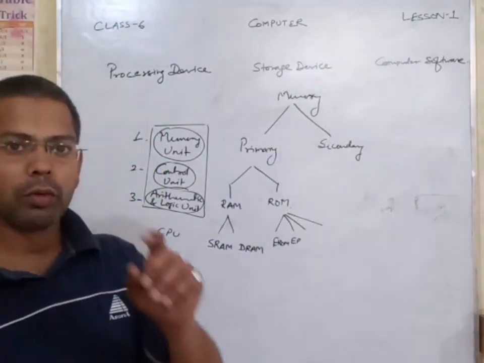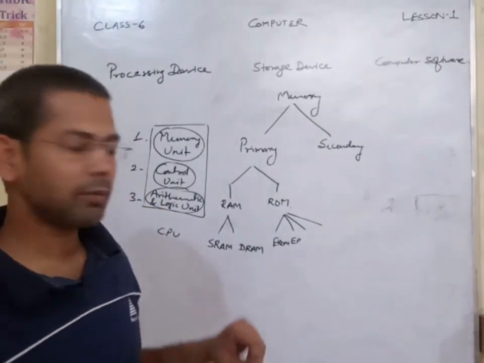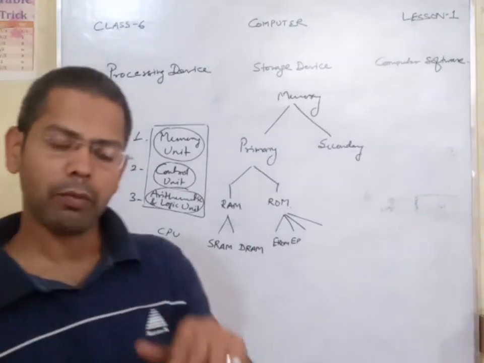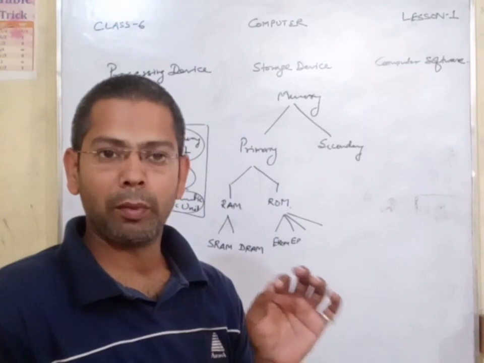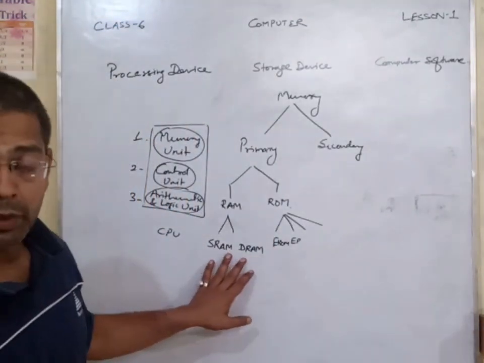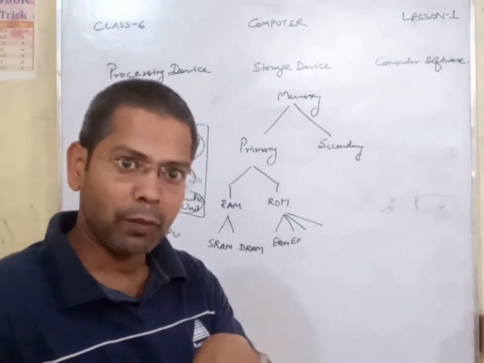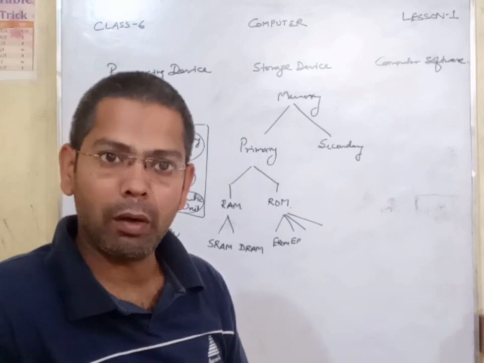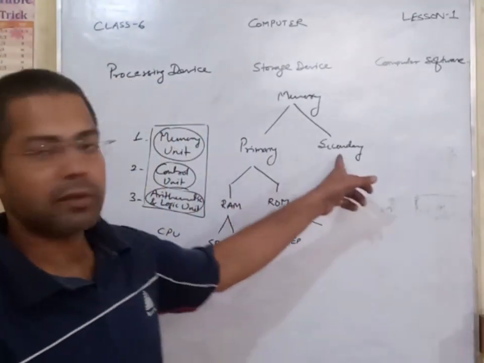SRAM is used to store data for a very short time, whereas DRAM stores data for a longer time, but the data will be lost when the power is off. When the power goes off, where does the data go? Before the power goes off, we have to save the data in secondary memory.